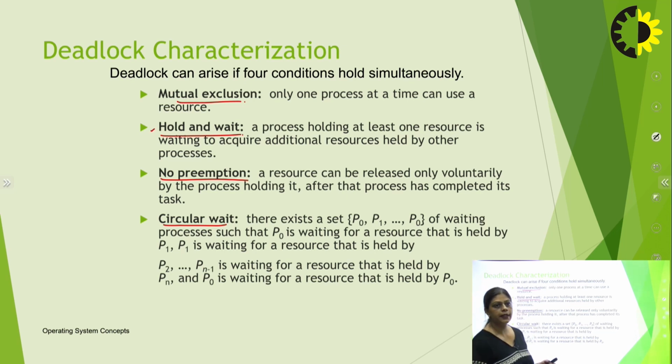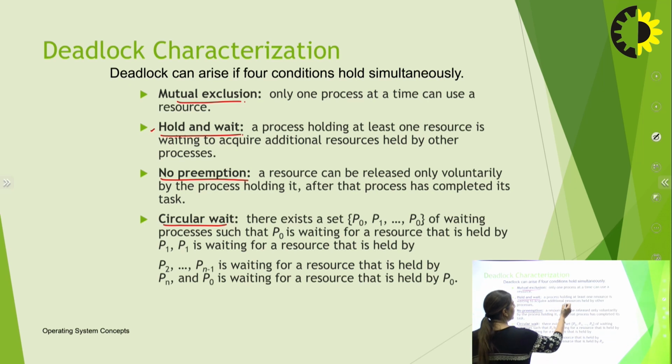Hold and wait says that the process is holding some resources and waiting for some other resources. They are blocking the held resources also, because they are not using them but just holding them, and other processes are also not able to use them because they are holding them and waiting for other resources.